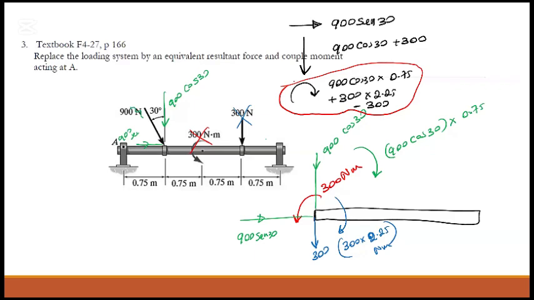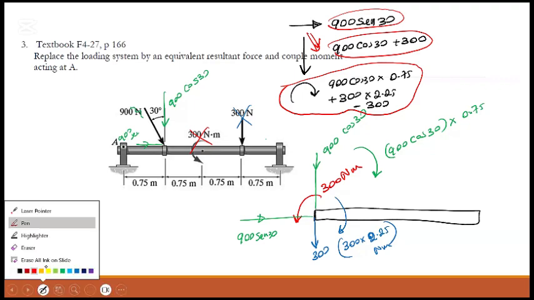Is that right? Yes. Okay, so now we can't keep it like this. We need to add these two and find the resultant in this direction. But you know how to do it now. So let's see.